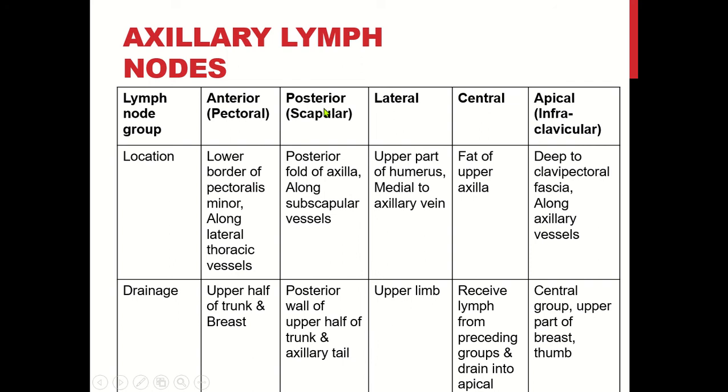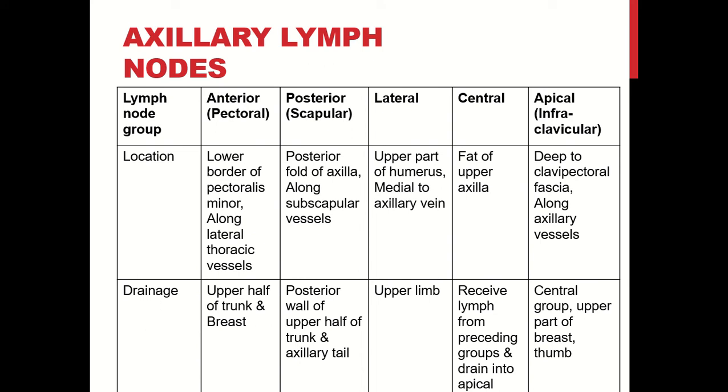The posterior lymph nodes are present posterior to the fold of axilla along subscapular vessels. The lateral lymph nodes are present at the upper part of humerus medial to axillary vein, and the central lymph nodes are present in the fat of upper axilla, and the apical or infraclavicular lymph nodes are present deep to clavipectoral fascia along axillary vessels.